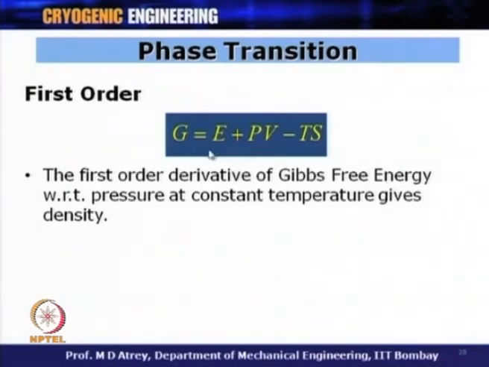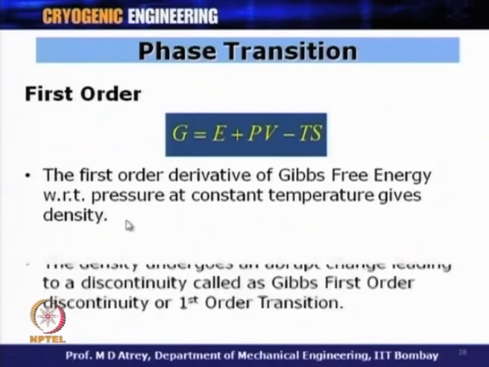Now, if I differentiate this Gibbs free energy with respect to pressure, and take the first order derivative at constant temperature, it will give density. So, the variation of Gibbs free energy with respect to pressure at constant temperature and constant mass, whenever there is a phase transition happening, gives a density.